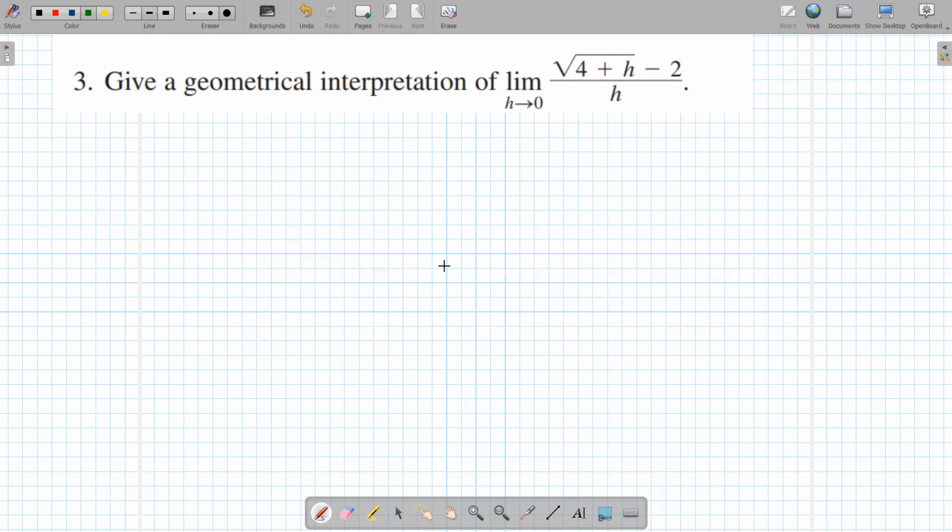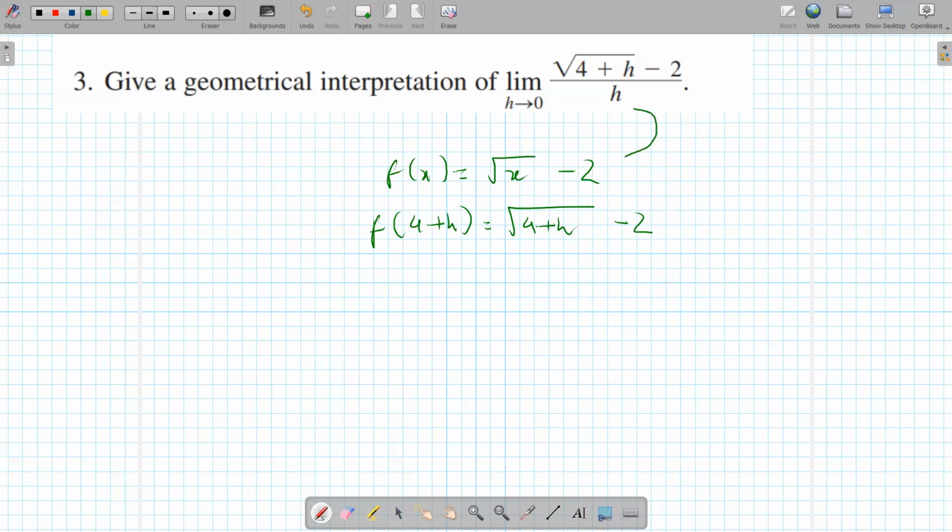Ignore the h's, kill the h's, because we kind of introduced the h. What if I told you f of x was the square root of x minus 2? Then f of 4 plus h is going to be the square root of 4 plus h, minus 2. The h in the denominator comes from the formula. So using this, you need to come up with this. Drop the h's, and whatever's in there is probably root x.